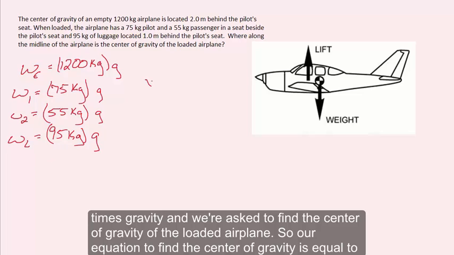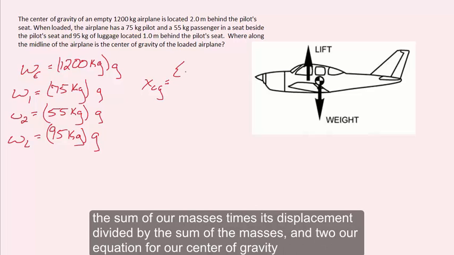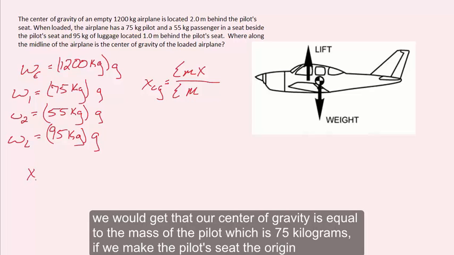So our equation to find the center of gravity is equal to the sum of our masses times their displacements divided by the sum of the masses. Applying our equation for center of gravity, we would get that our center of gravity is equal to the mass of the pilot, which is 75 kilograms.